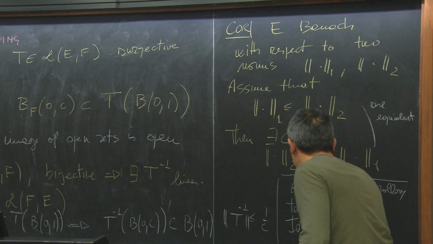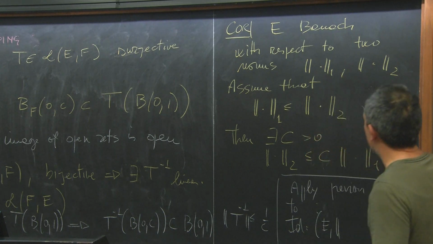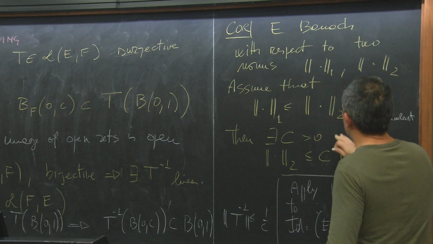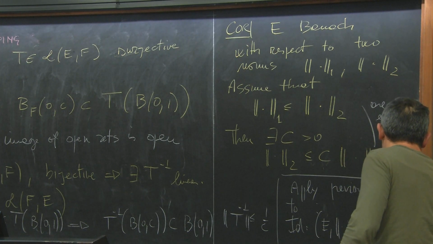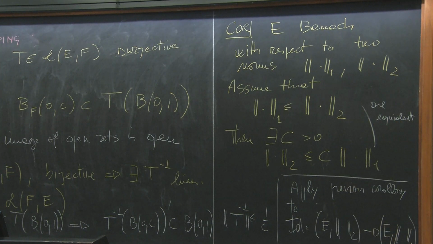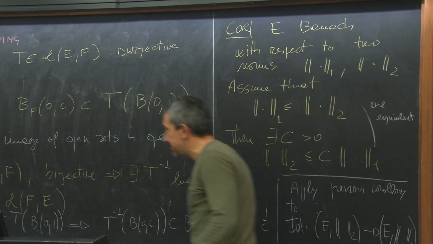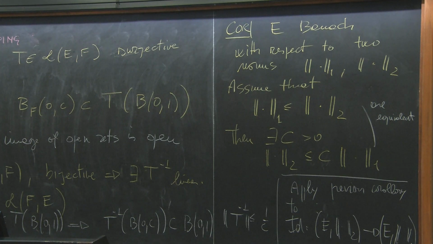You consider the identity mapping the space with norm 2 to the same space with norm 1, which is continuous because of the assumption. And so you get that the C will be the inverse of the norm that I get here. Very well. So now let's do the proof of this open mapping theorem.